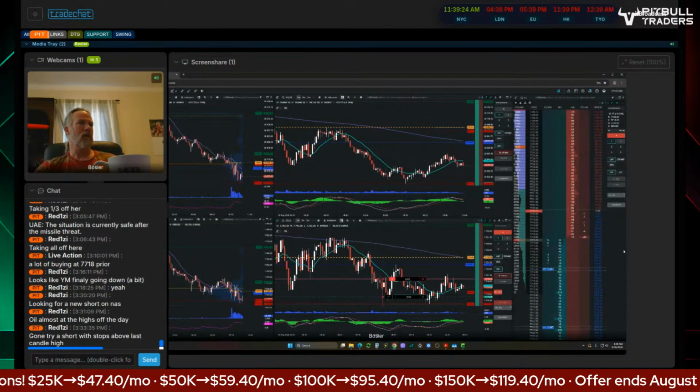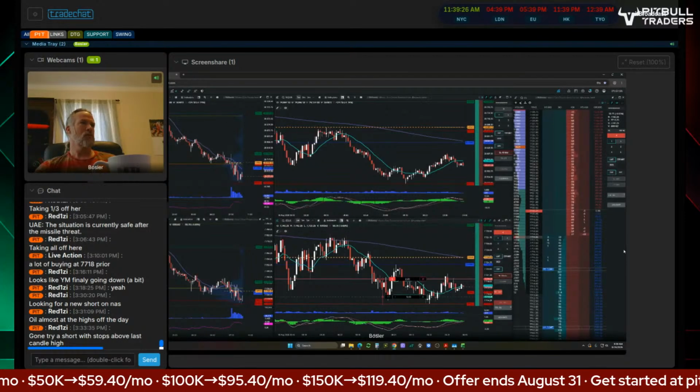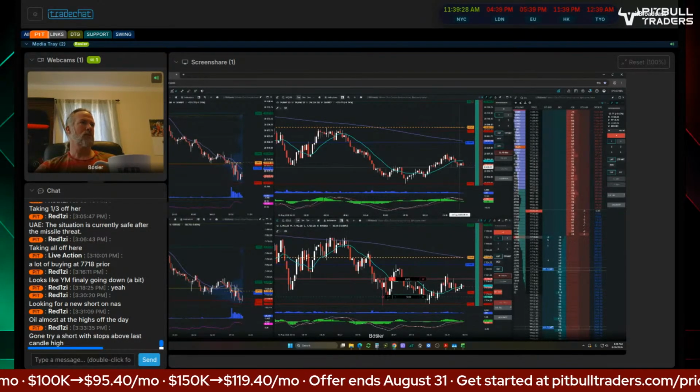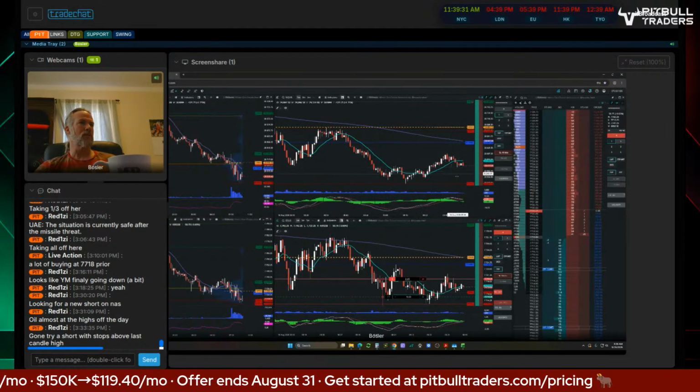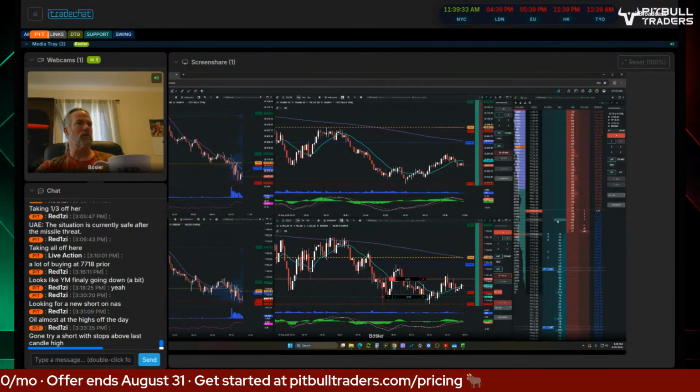Still acting okay. If NQ sweeps this support level, then I should get that 15.25 pretty easily.